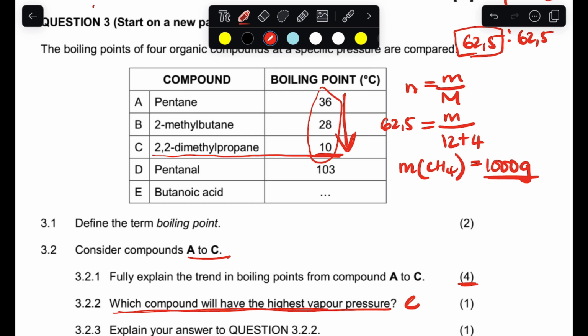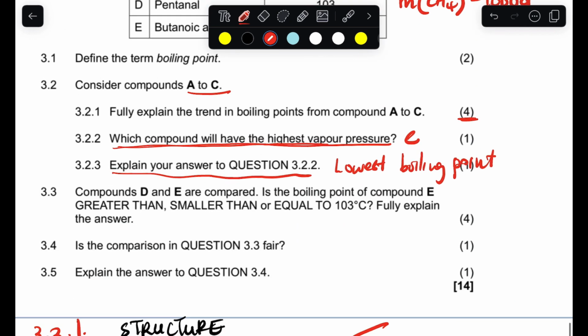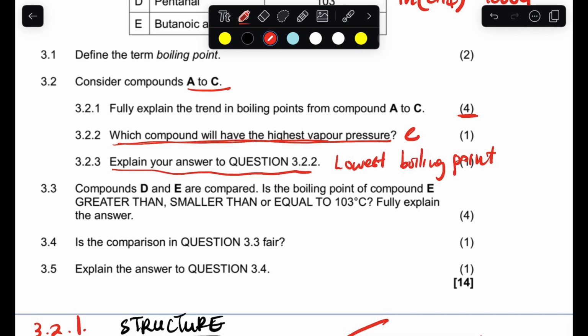So the explanation of your answer is going to be lowest boiling point. This one, C, has the lowest boiling point there, right?